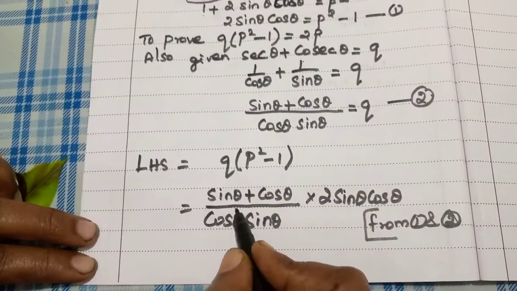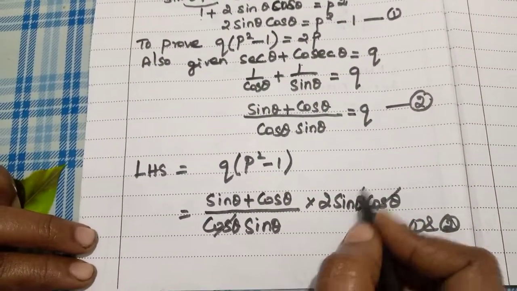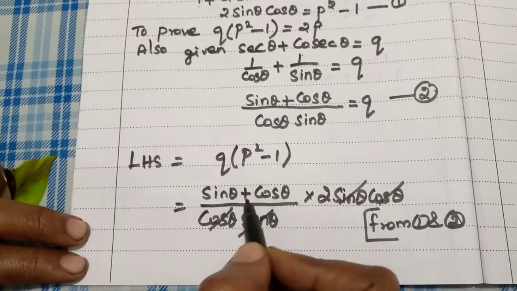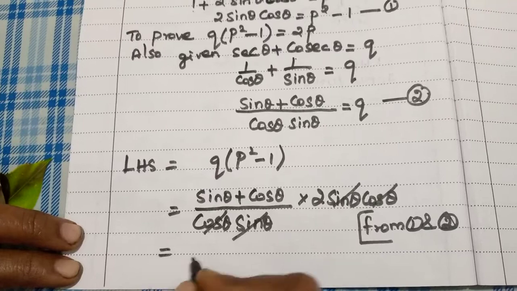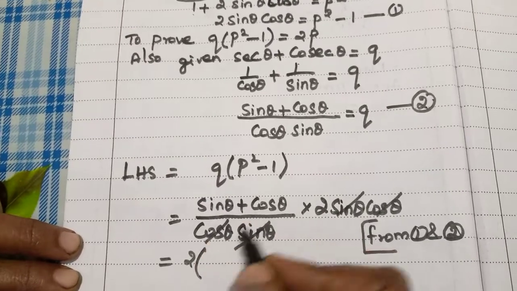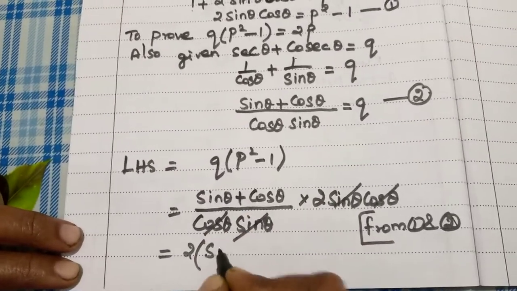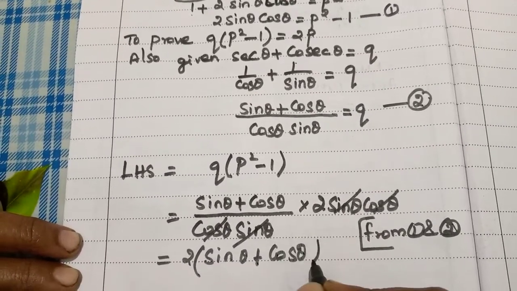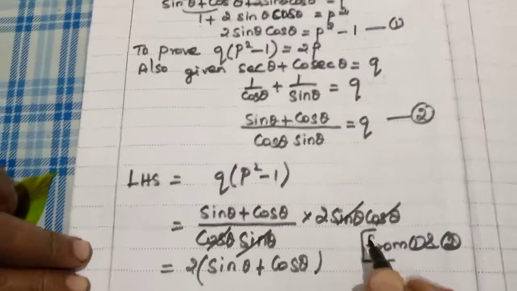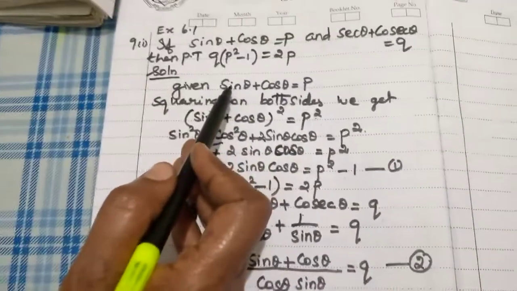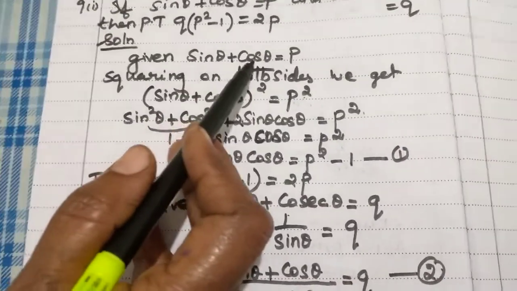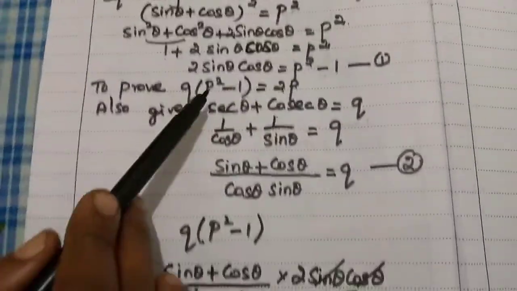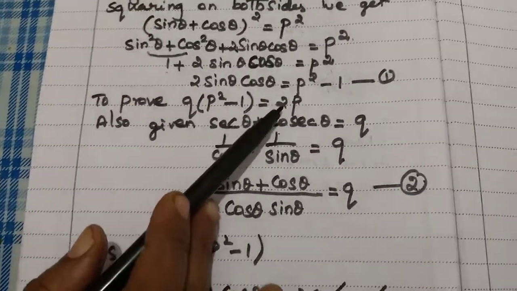Now here cos theta can be cancelled, sin theta can be cancelled. Remaining we have this 2 and this 2 terms, with a plus in between. So it can be written as 2 into, since two terms are there, let's use the bracket: sin theta plus cos theta. See the first given condition: sin theta plus cos theta equals p.